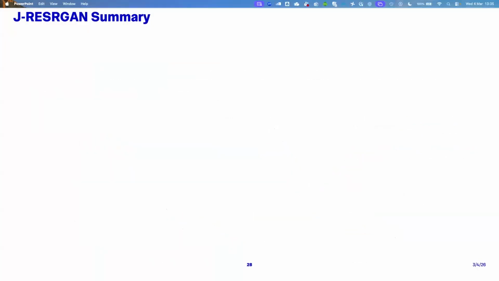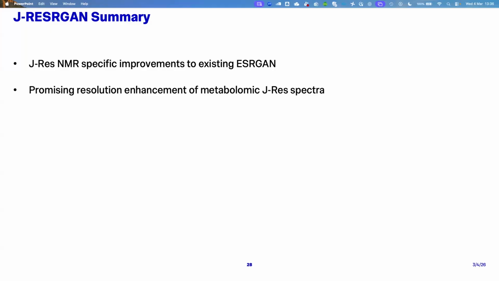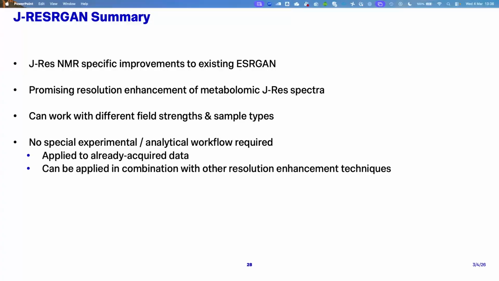Okay, so to summarize this bit of the story, JRES-GAN, we've implemented these specific improvements using this kind of symmetric loss function into this off-the-shelf resolution enhancer. It seems to do reasonably well. It's quite promising. It hasn't been used everywhere yet, but we showed that it can work at different field strengths and sample types.